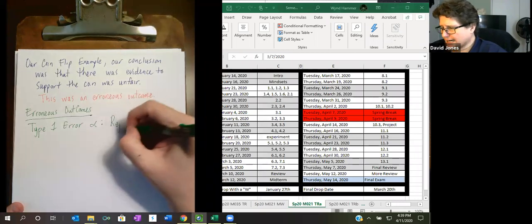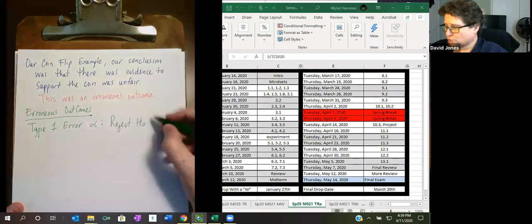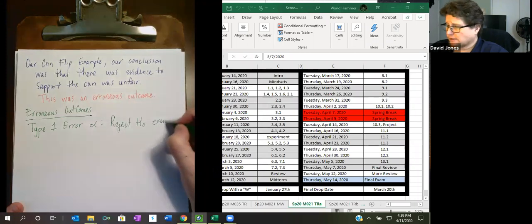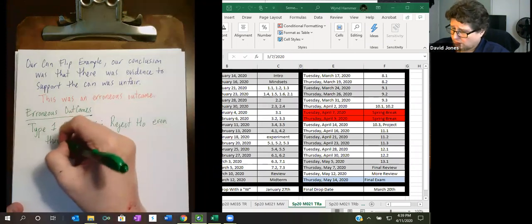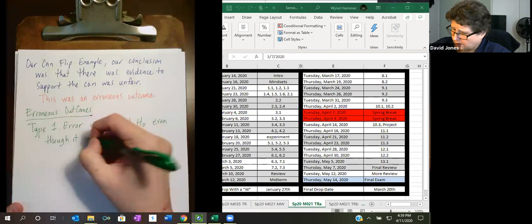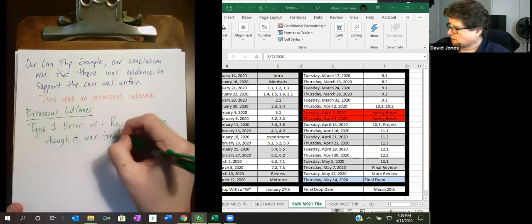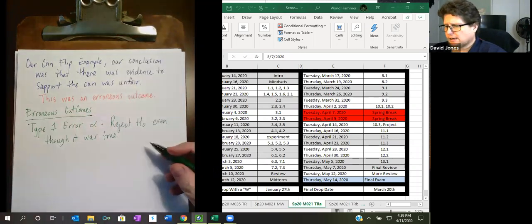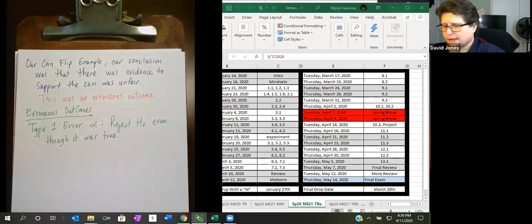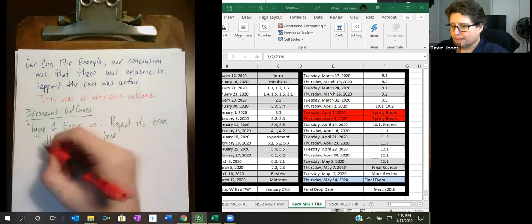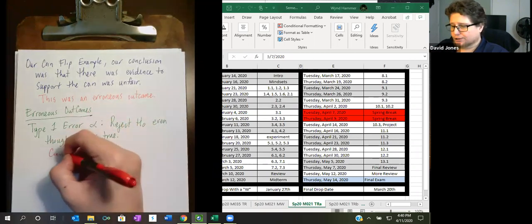We reject H0 even though it's true. In our court of law one, if we reject H0, we are rejecting that they're not guilty, which means we're supporting that they are guilty. And if it was wrong, it means we convicted an innocent person.